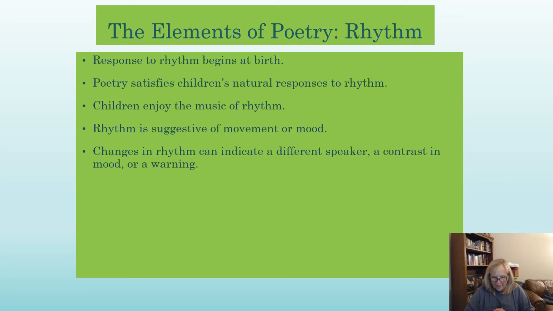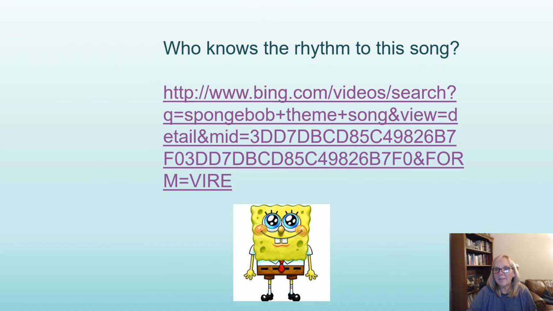And when we're talking about sound patterns, we're talking about rhyming too. They get the rhythm of a poem, they get the rhyme. For example, I'll even show you one. Think about this one. Who knows the rhythm to this song?